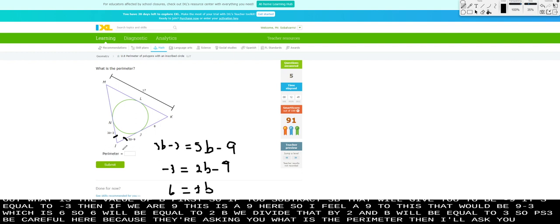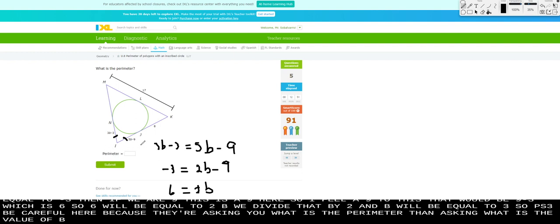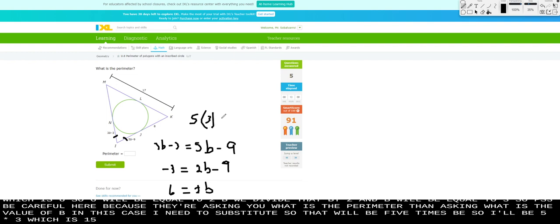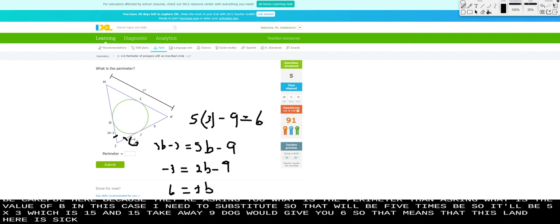They're not asking you what is the value of B. So in this case, I need to substitute. So that would be 5 times B. So that'll be 5 times 3, which is 15. And 15 take away 9 would give you 6. So that means that this length here is 6, which means that this is also 6.